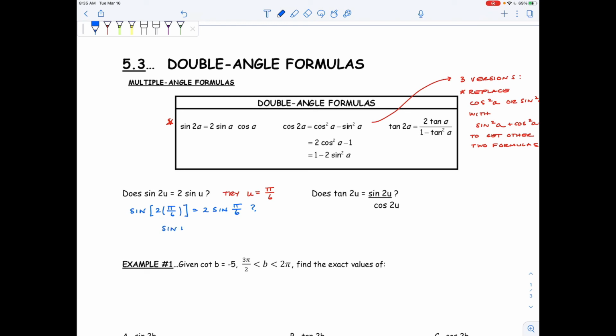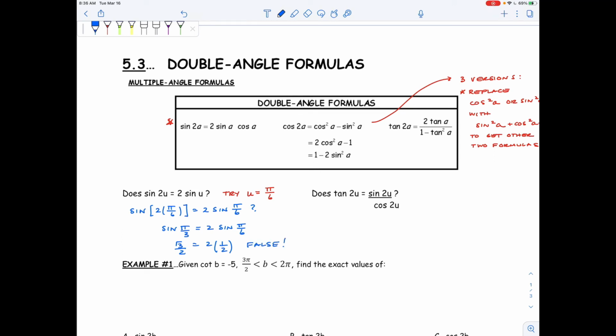And then we simplify this and replace those with our exact values. Sine of pi over 3 gives us root 3 over 2. And on the right side, sine of pi over 6 gives us 1/2. And that's not a true statement. That's false.